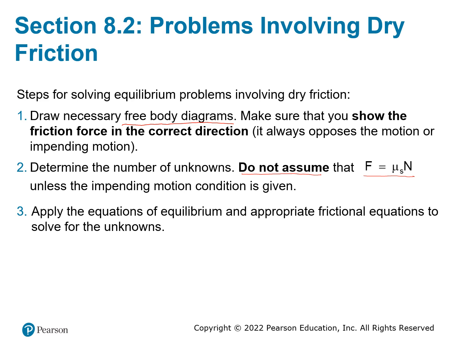The friction force could be smaller than the maximum, depending on the situation, right? Then you use the equations of equilibrium, which are summation F and summation moment equal to 0. That will help you to solve the problem.